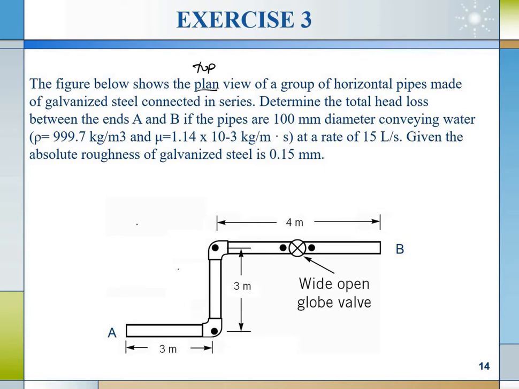So determine the total heat loss between the ends A and B if the pipes are 100 mm diameter conveying water at a rate of 15 liters per second, given the absolute roughness of galvanized steel is 0.5 mm. Okay.